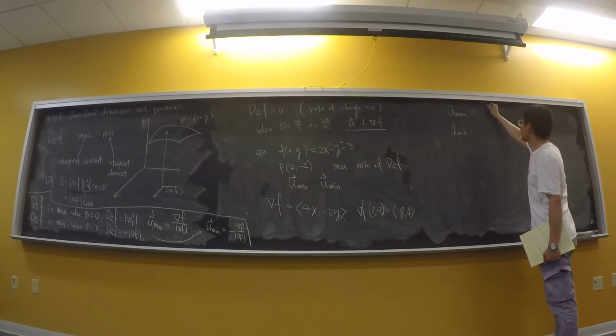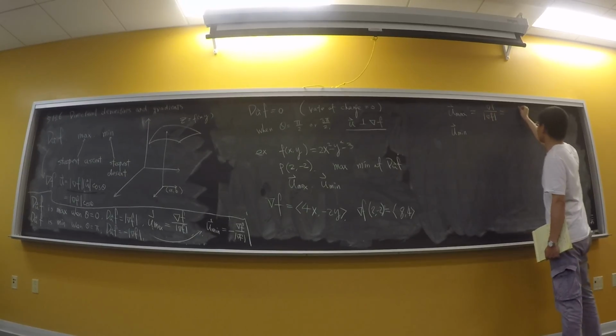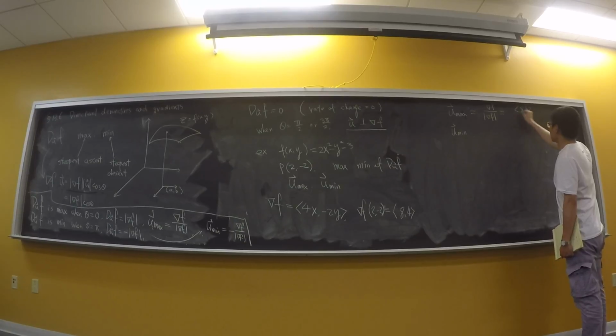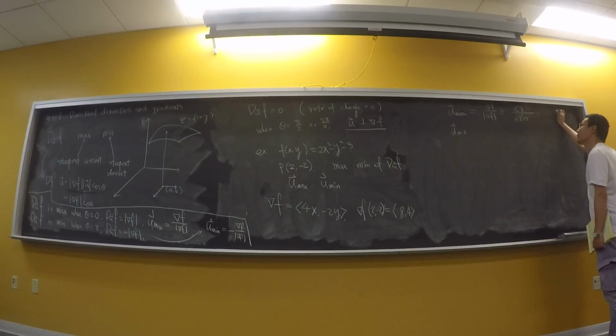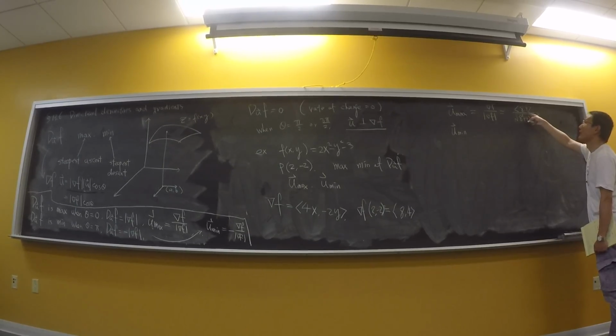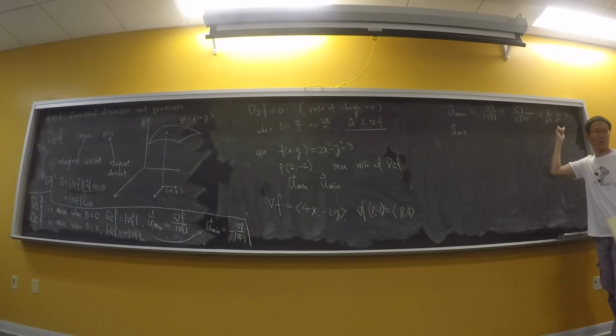So U max is equal to the gradient of f divided by the length of the gradient, so it is equal to (8, 4) divided by the square root of 8 squared plus 4 squared, which is the square root of 80. It's basically (2, 1), so it's 2 over square root of 5 and 1 over square root of 5. You can do your own computation, right?